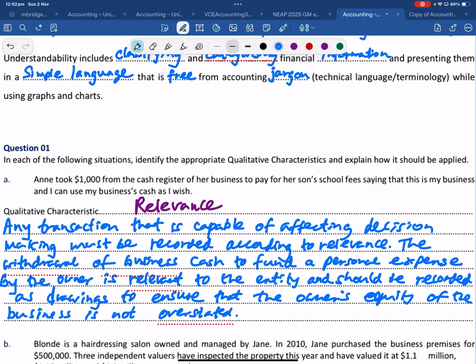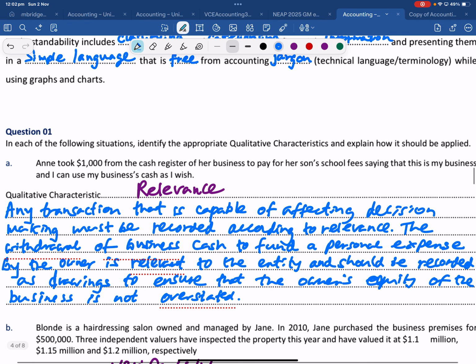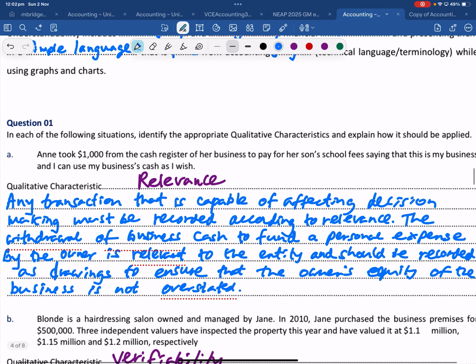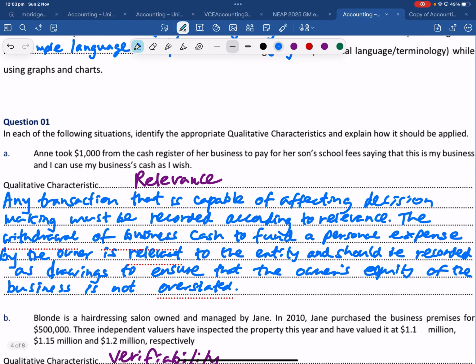Question number 2, part B. What do you think about this one? Verifiability? You said straight away. Verifiability.